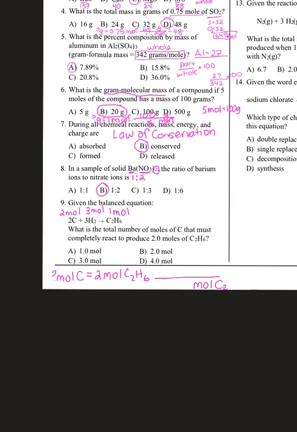We have moles of C2H6 on the bottom so that they can cancel over here. And we're going to use that to get to our moles of carbon. So it takes me 2 moles of carbon and I have 1 mole of C2H6. 2 times 2 gives me 4.